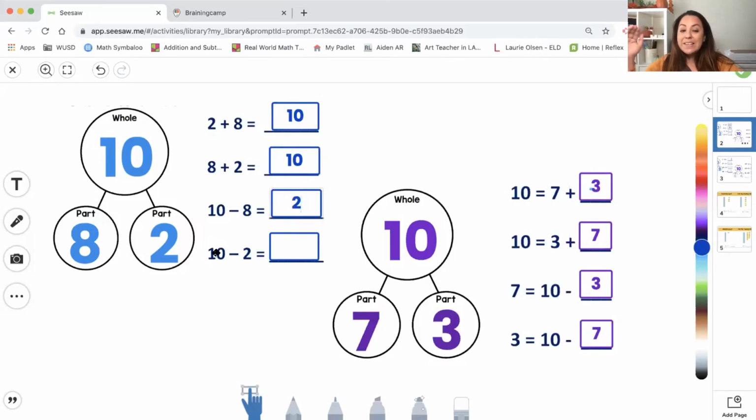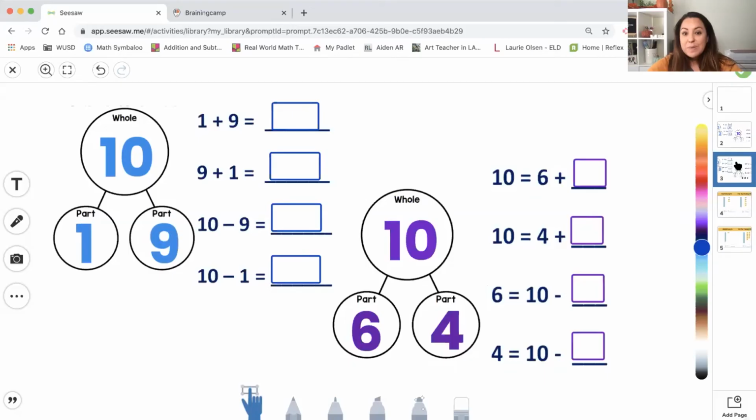And then 10 take away 2 equals 8. So now that I've done this slide for you, you're going to do it also on your own on Seesaw. And then you're going to do this one all by yourself. You're going to work with 9 plus 1 equals 10 and 6 plus 4 equals 10. This one is where we have the equal sign on another side. So you've got this. You can do it.